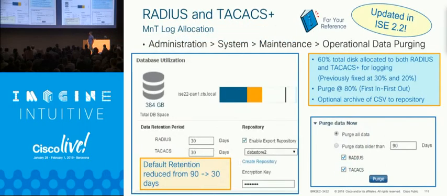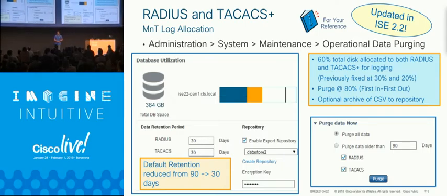All right, good. So the last thing I want to talk about is data purging. You can actually go to your ISE page and see how much is used. I keep talking about 600 gig, but is there a way to track it? You can absolutely go to this page and see how much is used for Radius and TACACS.